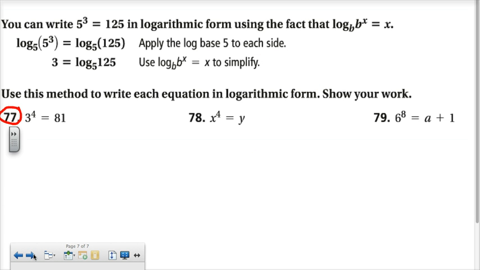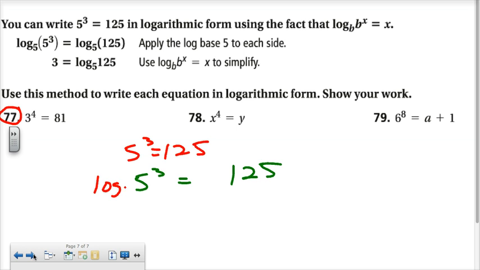Then number 77, it explains how we can write, if we had 5 to the third equals 125, because logarithms are inverses. What we do is we say, all right, this is what I have right now. And I want to get rid of the 5. But in order to get rid of the 5, I have to take the logarithm base 5 of the left-hand side.